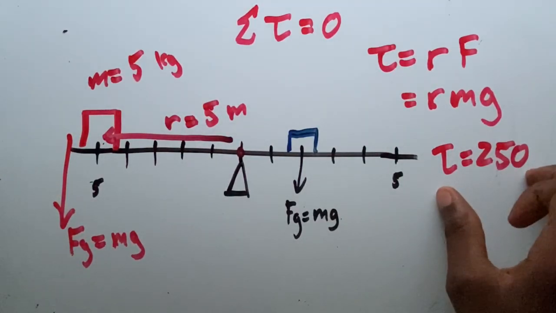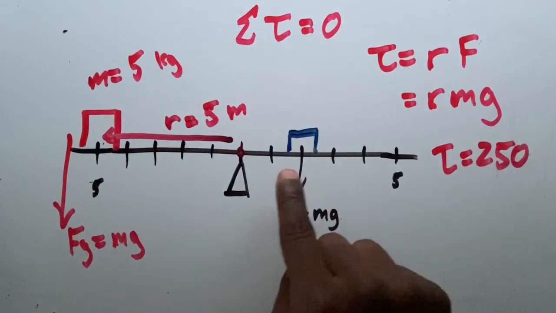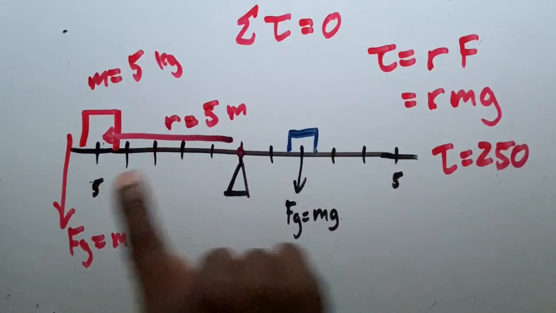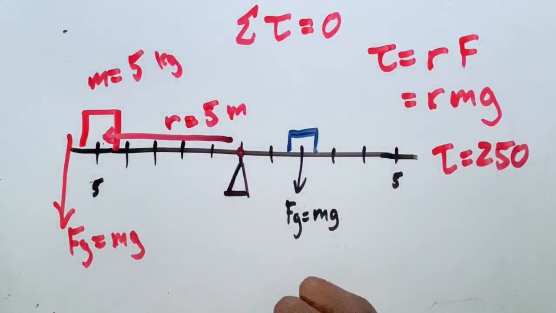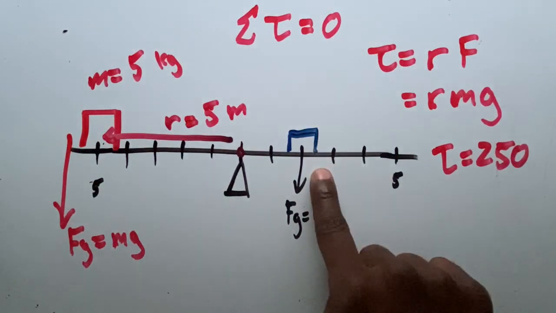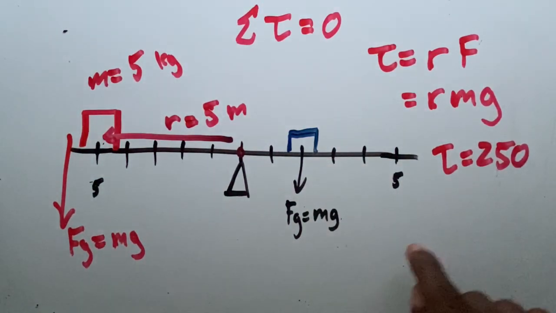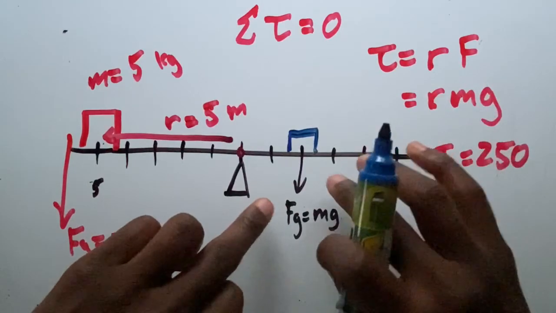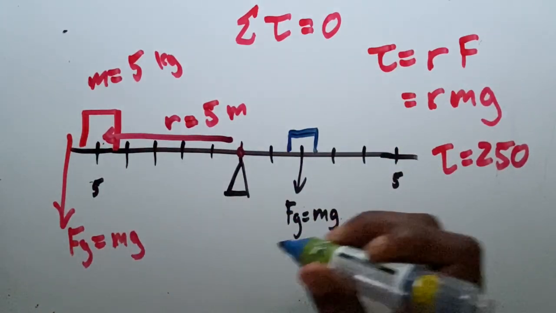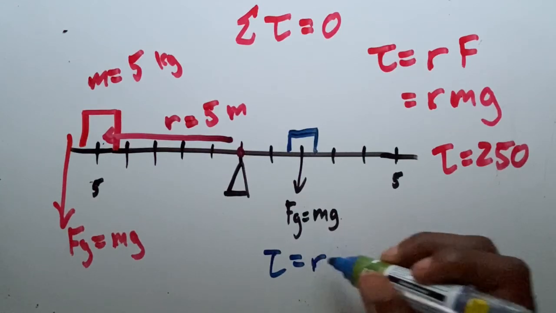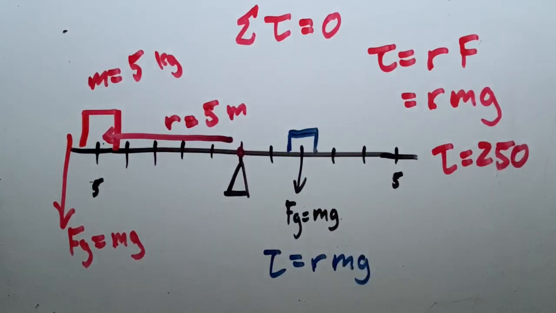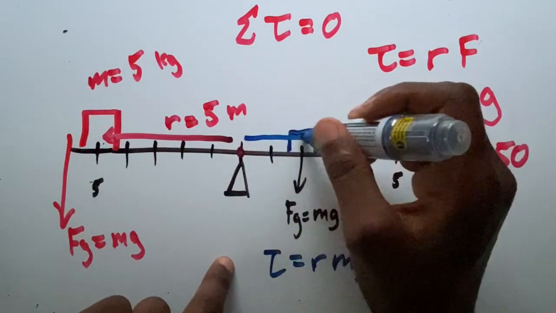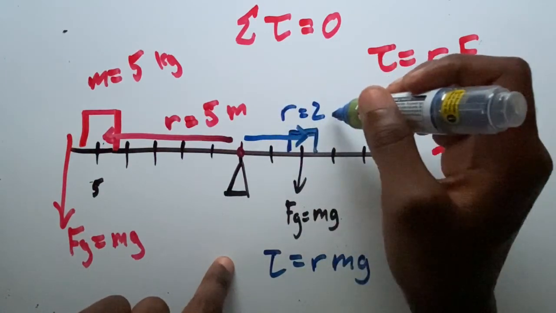Okay. So now using this torque, how can we find the mass of this block? Well, the torques of both of these blocks have to cancel out. So the torque of this block has to equal this torque in order for this seesaw to be in equilibrium. Let me write out the torque for this blue box. Torque is equal to R times mg. Here R is 2, so from here to here, R equals 2 meters.